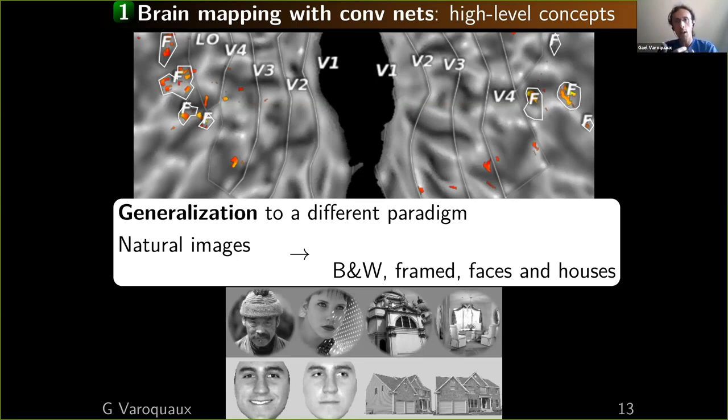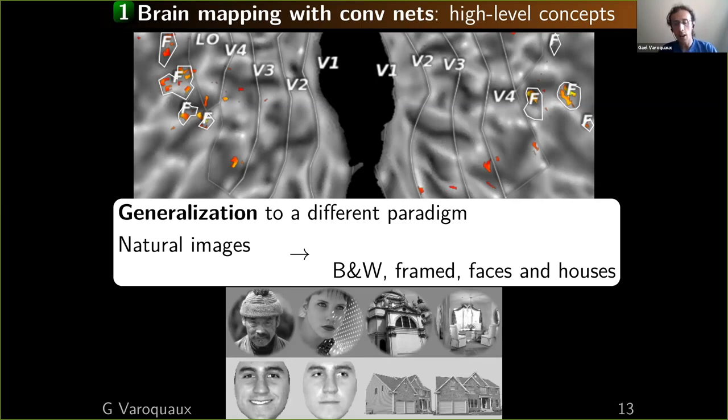They go from some form of ecological validity, which is with natural images, to some form of experimental validity, which is with synthetic images of faces and places. The reason I'm excited about this is this strong generalization that gives a wider validity to our results. And this generalization is possible only because we're using predictive models, hence machine learning tools.